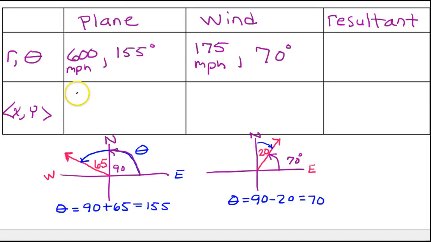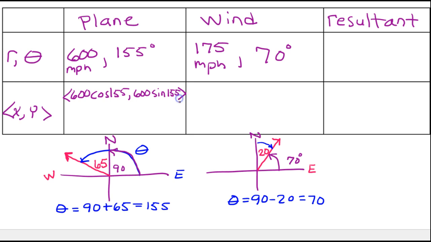Okay, so remember r cosine theta. So for the plane speed, that's going to be 600 cosine 155. I have to write really small because these are big numbers. 600 sine 155.